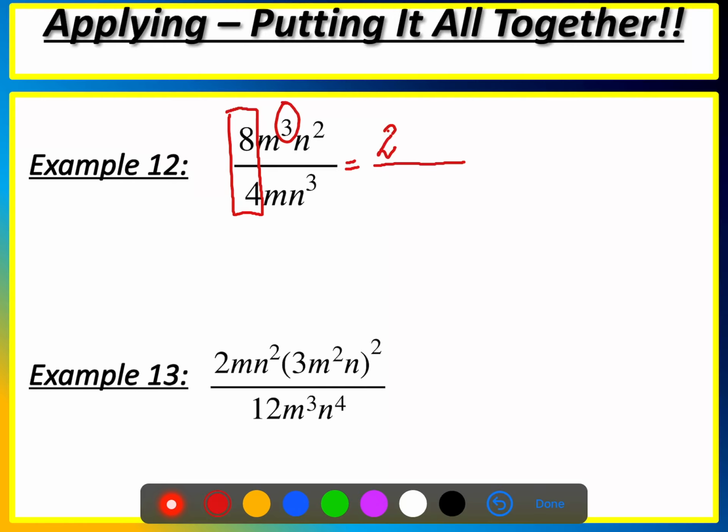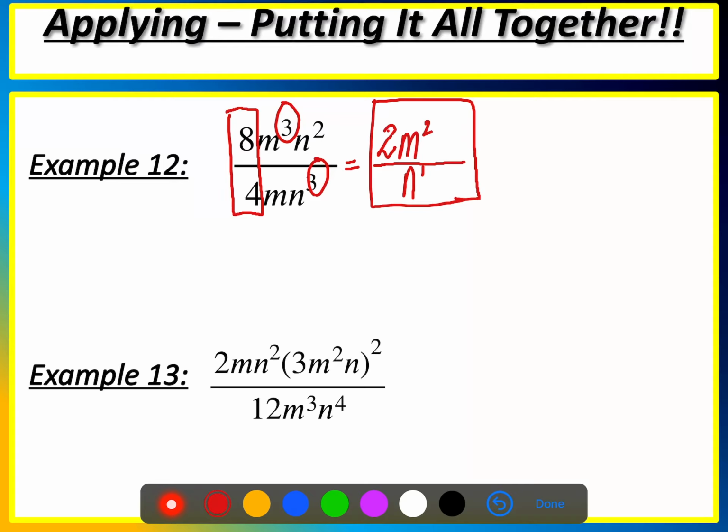I'm going to circle the bigger one for each pair. So I have m squared on the top, 3 minus 1, with n to the first on the bottom, 3 minus 2. Okay, and that's the only thing I can do there. So that is my final answer.